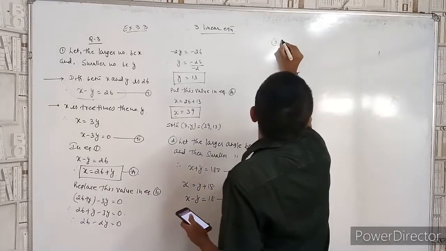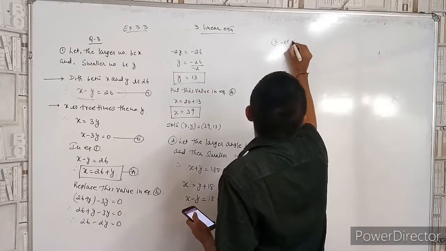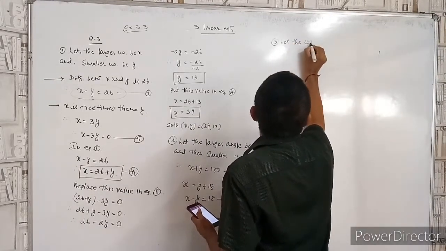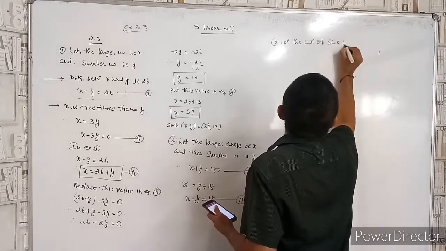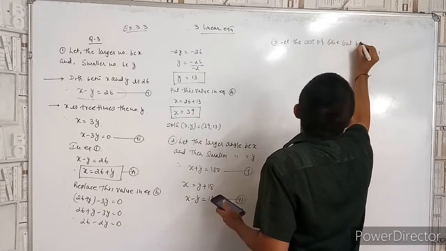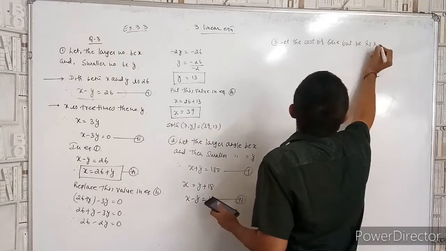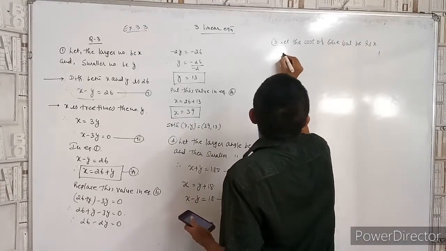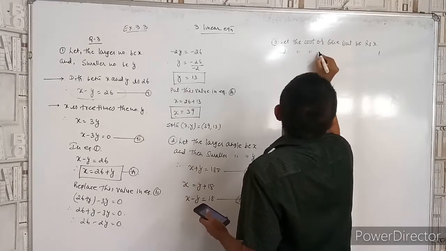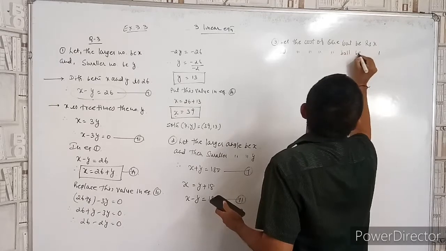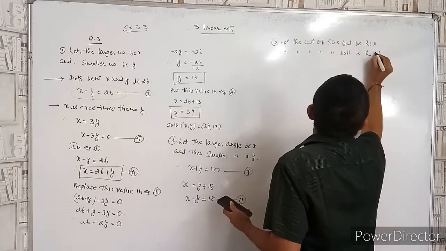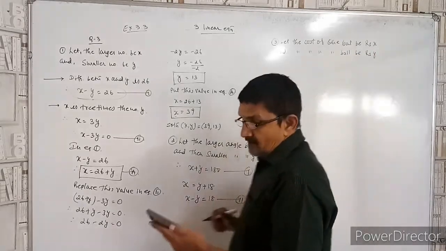Okay. So let the cost of one bat be rupees x and the cost of one ball be rupees y. Okay.